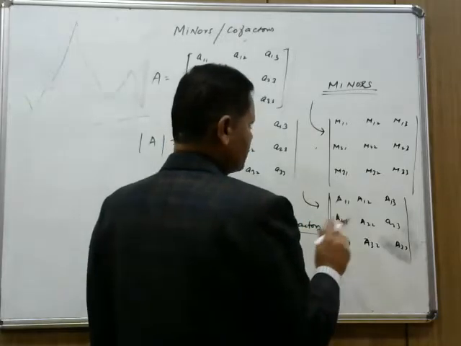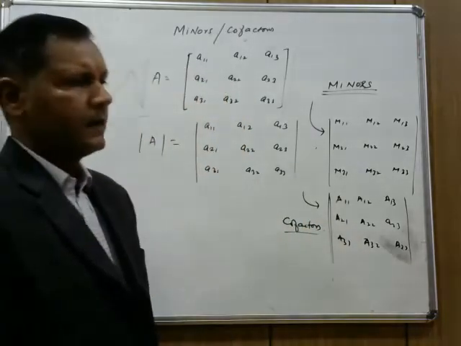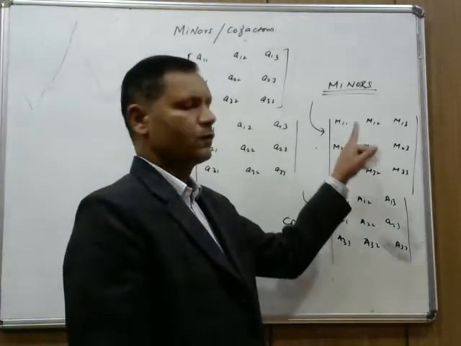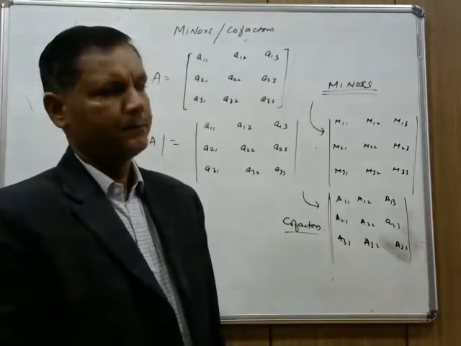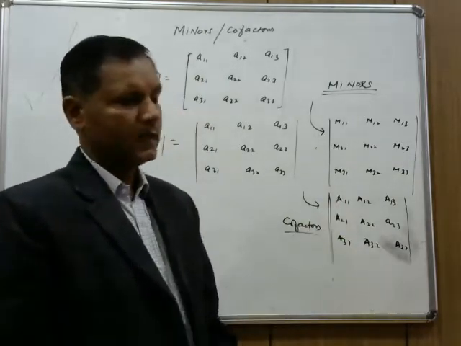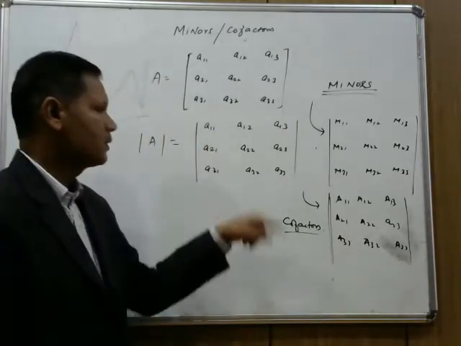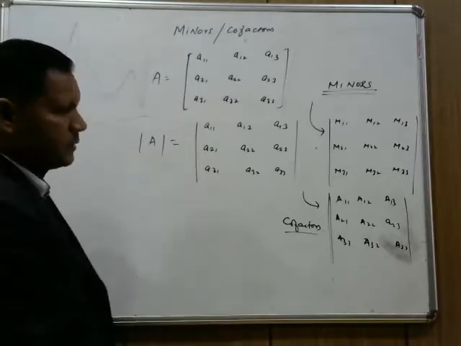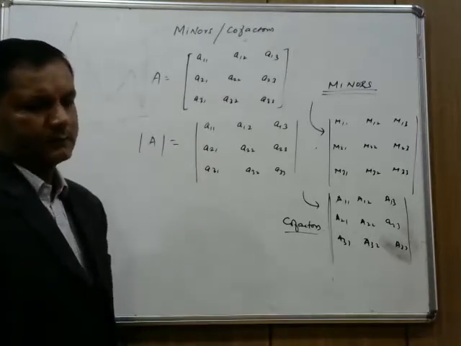That means whenever I have to write the minors, I will use M, and when I write the cofactors, I will use the capital A. A small a means the entry or the element of the given determinant. That's a simple notation. Okay.